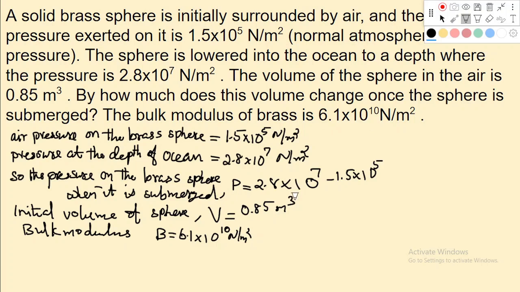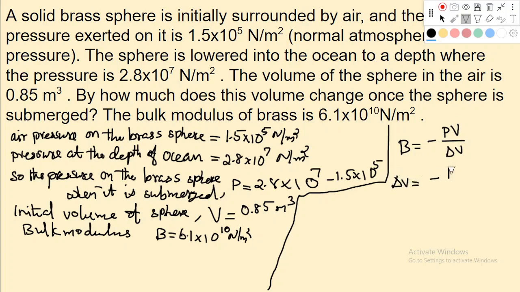So let us write the expression for bulk modulus, that is B is equal to negative PV divided by delta V. Therefore, delta V is equal to negative PV divided by B.